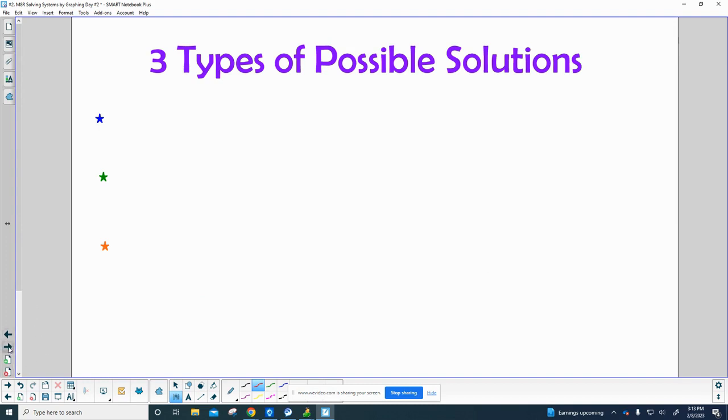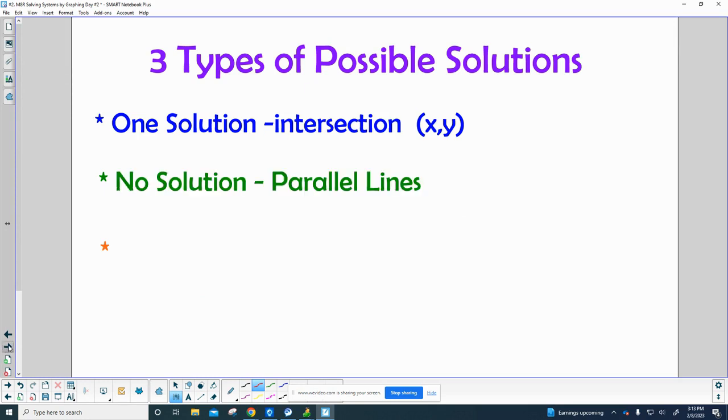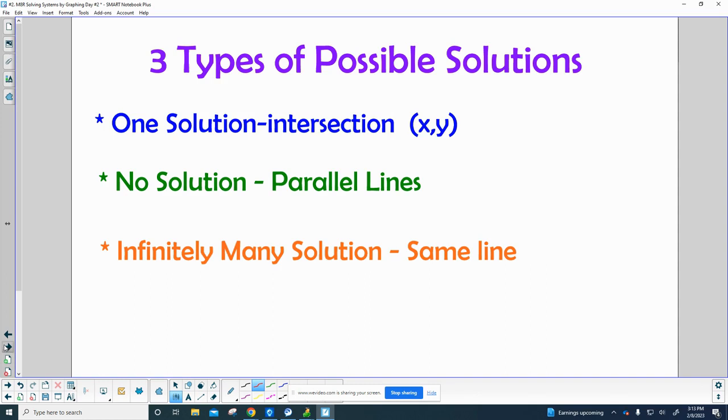If there's one solution, there's one intersection at an x and y point. If there's no solution, those are parallel lines that never intersect. And if there are infinitely many solutions, they're the same line, so they have the same slope and the same y-intercept.